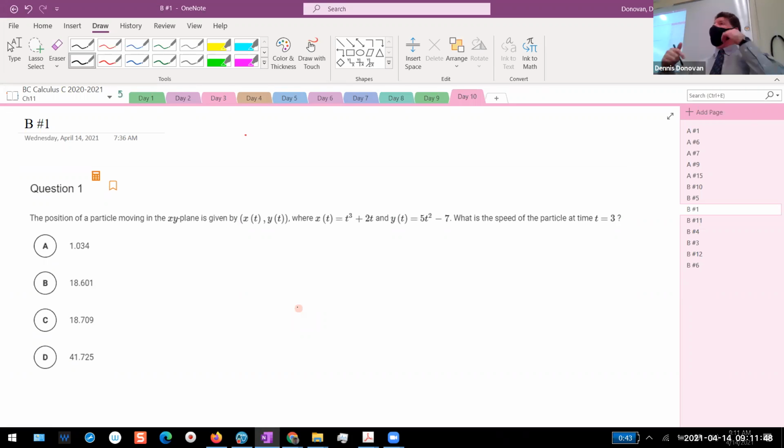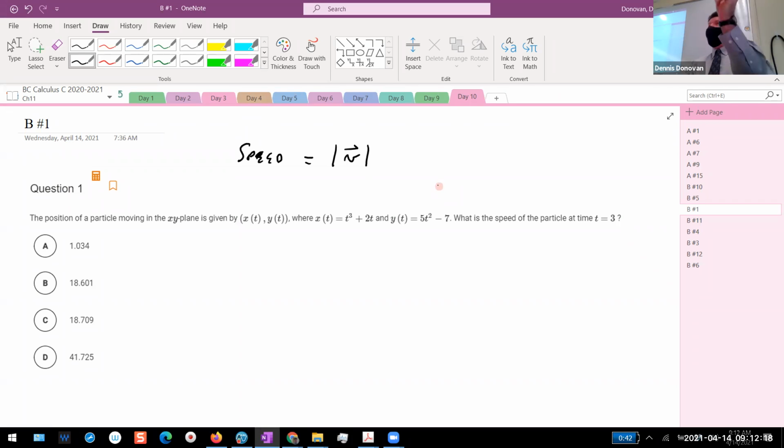So yes, square root of the sum of the squares of the velocity components. So speed is always absolute value of velocity. Always. It's even Pythagorean theorem in 1 dimension if you really want to think about it, right?